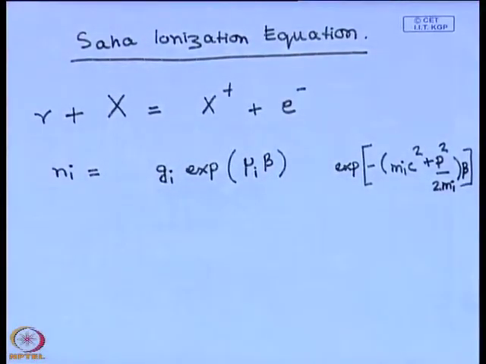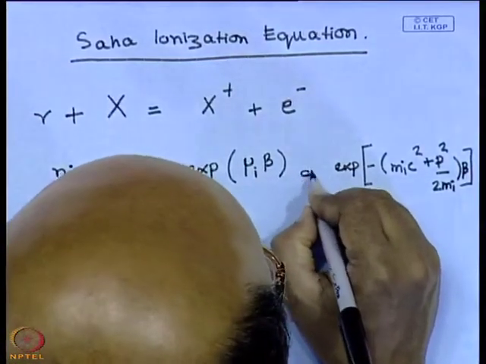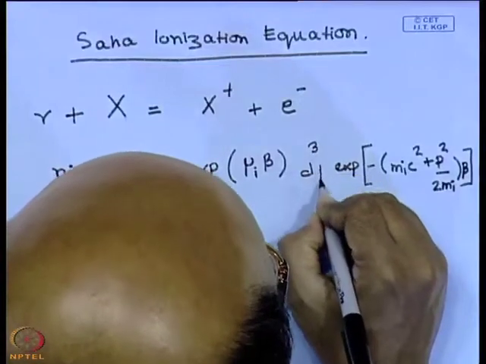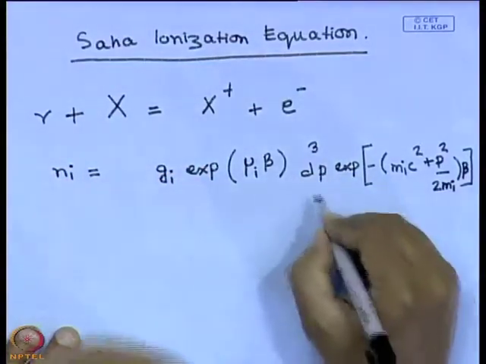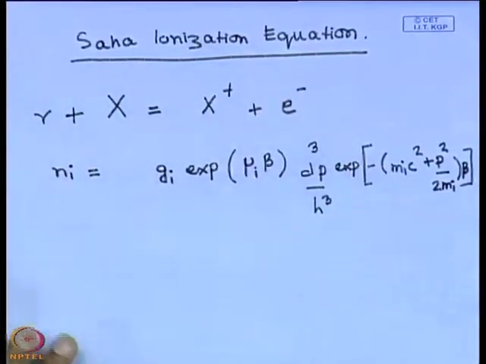So, the Maxwell-Boltzmann distribution tells us that the number density of particles with momentum in the range d cube p by h cube is given by this expression.